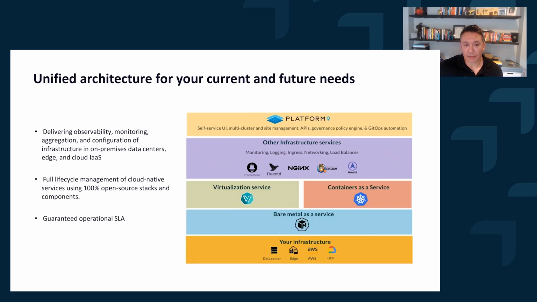On top of that, as part of Platform 9, we provide the infrastructure services, whether that's networking, load balancing, or the observability stack, such as Prometheus, FluentBit to export those logs, and Grafana to show the time series information. Encapsulating all that is an easy-to-use UI. You can get as technical and advanced as you want with the CLI, which is fully supported, but we also want to make it very easy.